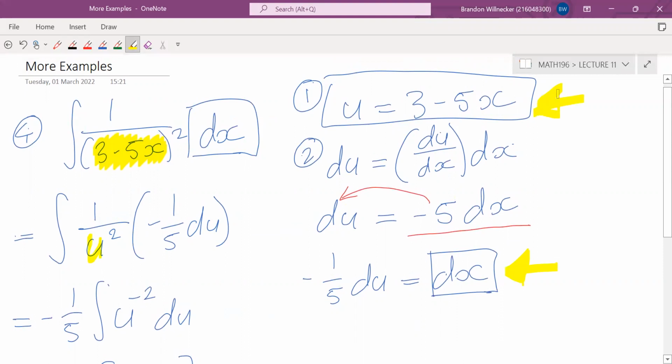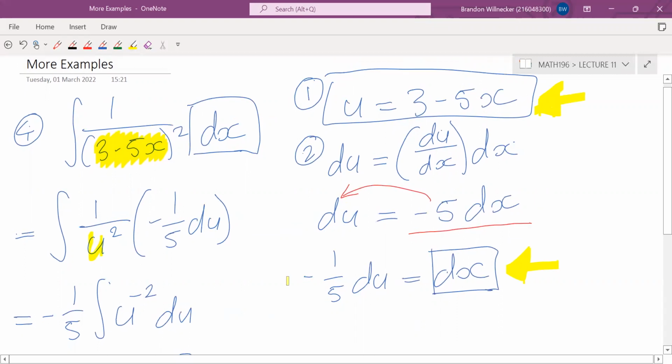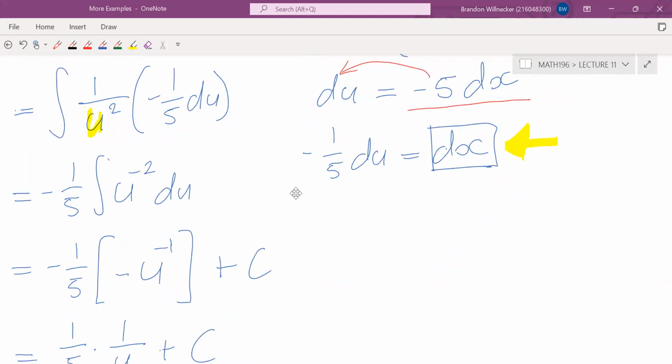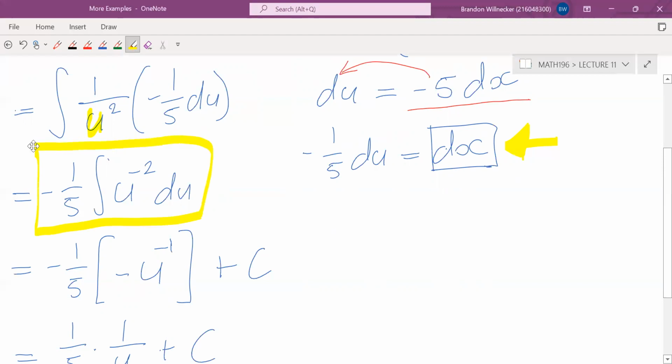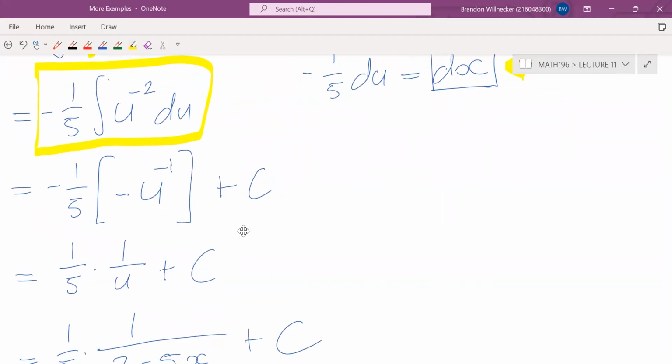So we're using this part and this part to substitute. Next, this just becomes a simple integral in terms of u. So this part here is very simple to do. So we perform the integral, we get 1/5 times 1 over u plus c.